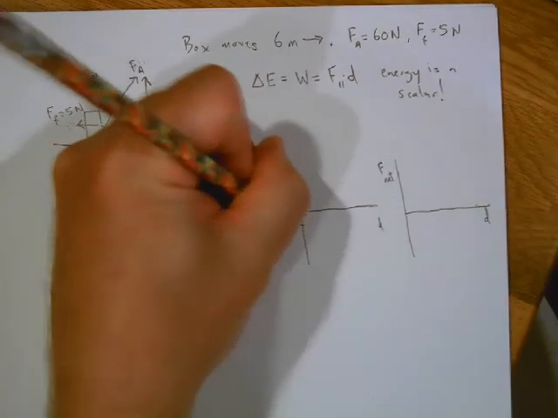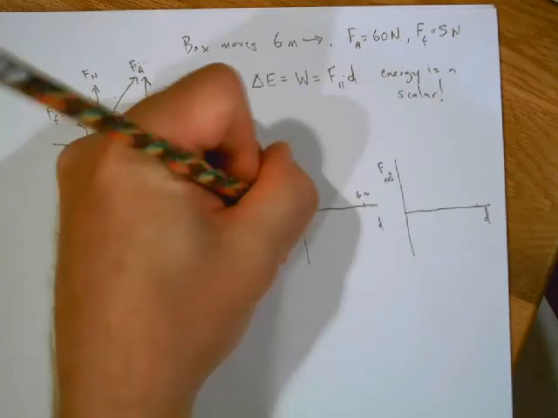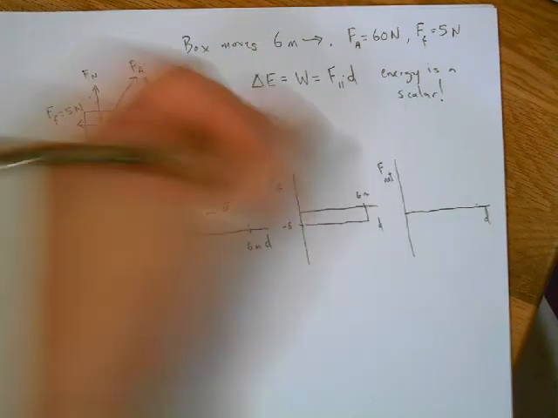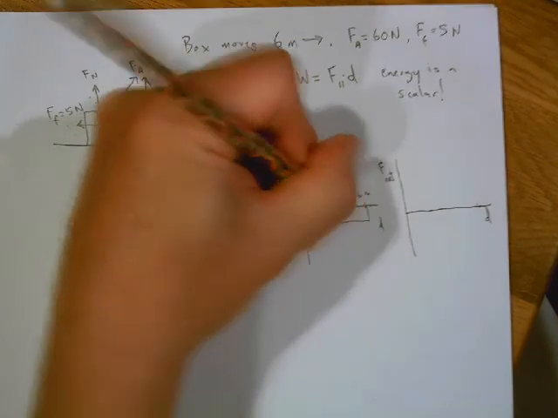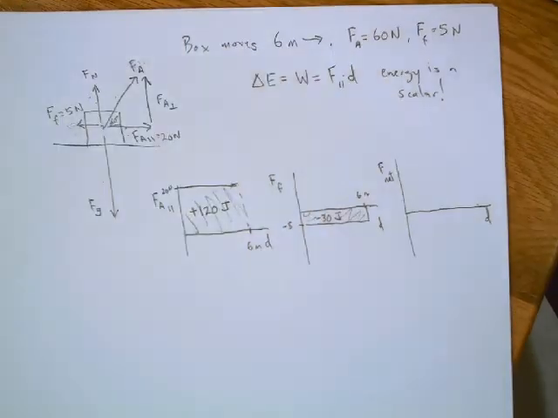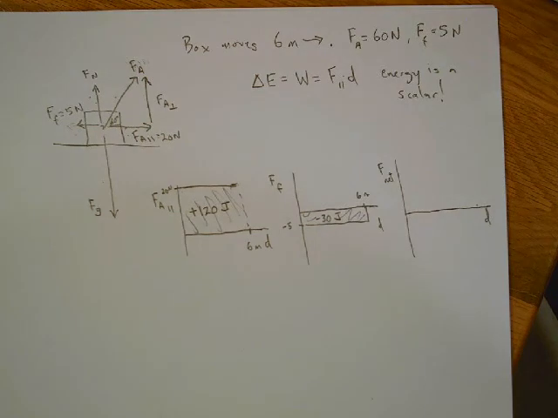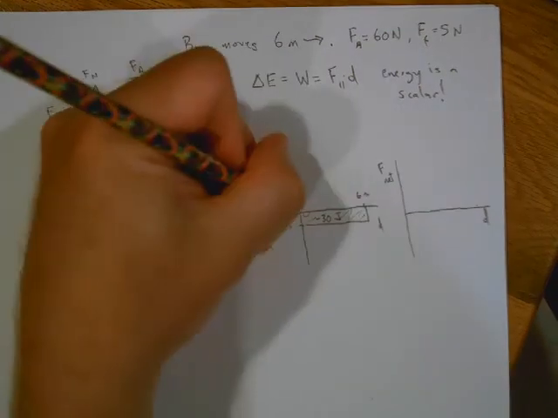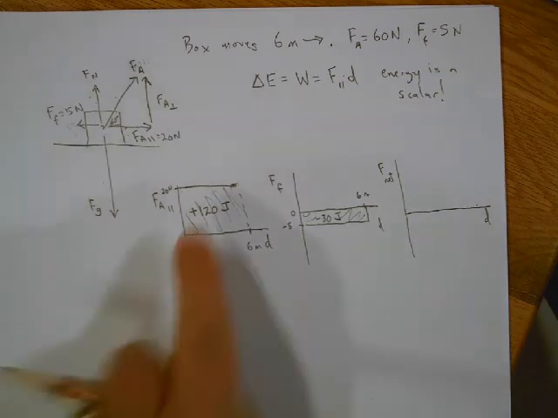For the friction piece, this is going to be -5, and this would also still be 6 meters. The area of that piece would be -30 joules. This would be 0, just so you know, underneath. So what is the friction doing? Friction is taking away 30 joules of energy.